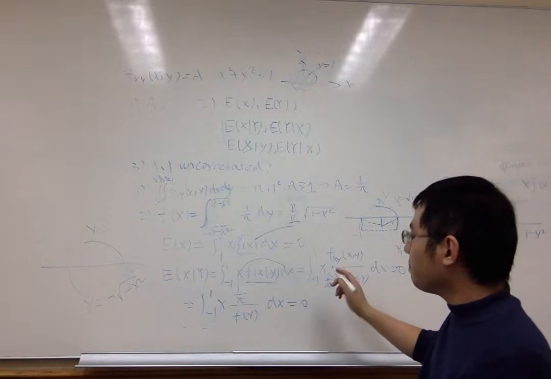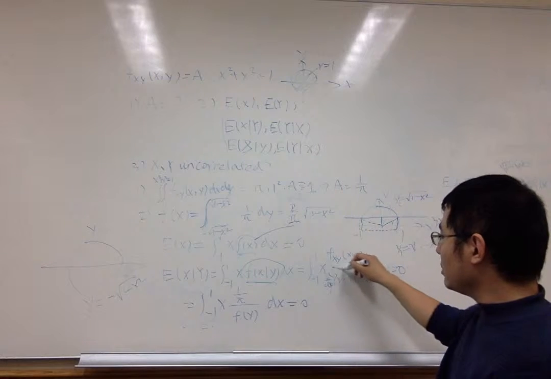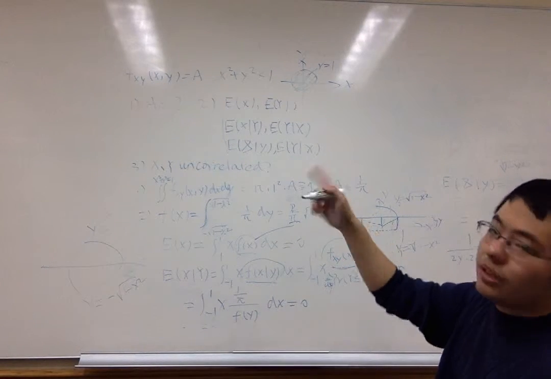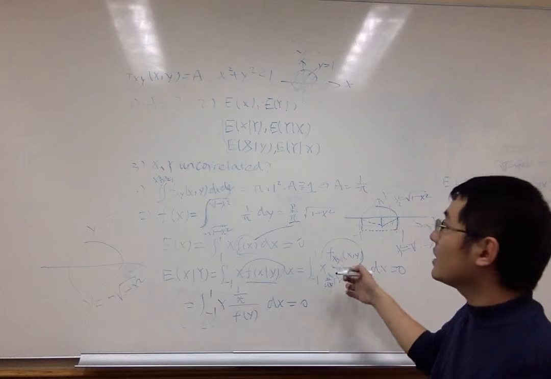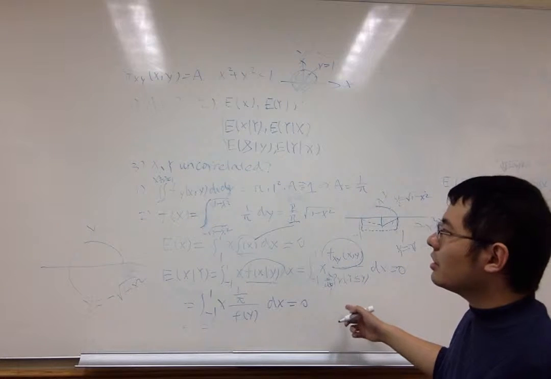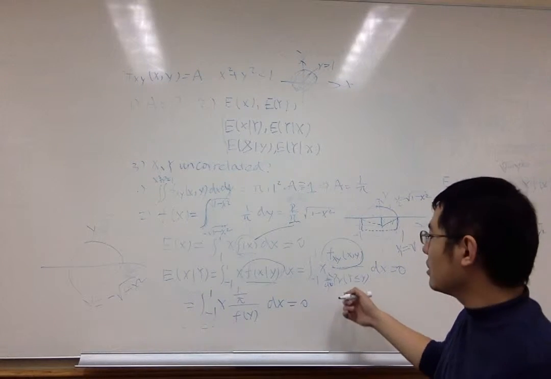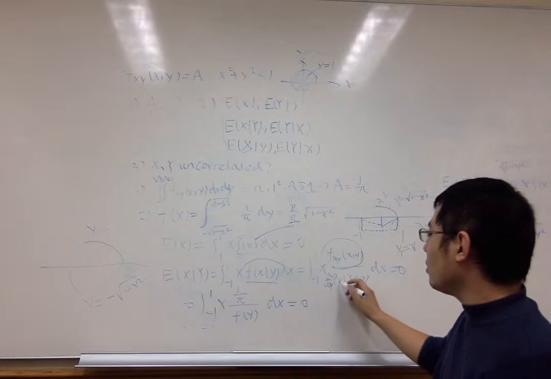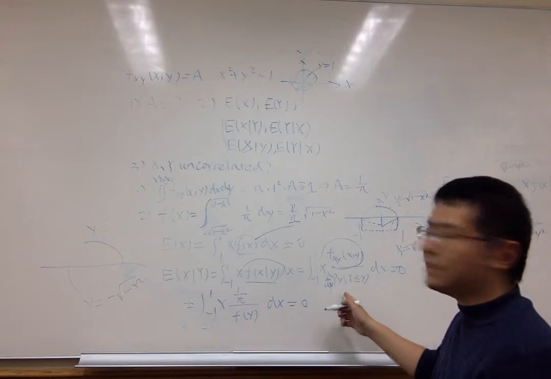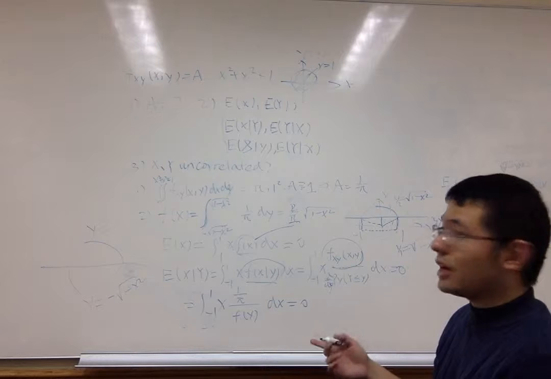The numerator should be the joint density function of x and y, and the denominator should be the marginal density function of y.